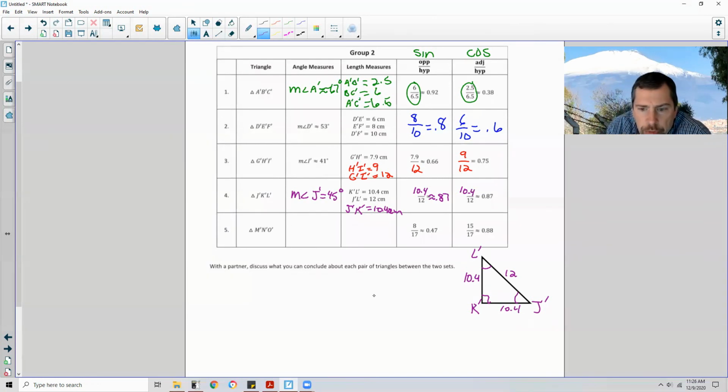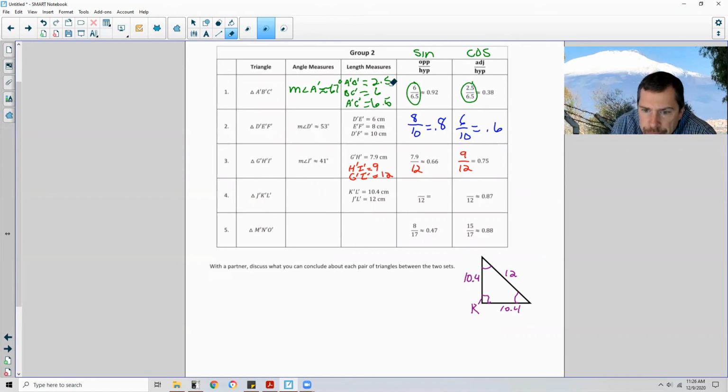Okay, I want to look at number 4 again. Actually, no, I'm going to erase it. I'm going to do it again, but I'm going to do it the other way around. So watch what I'm going to do here. I'm going to remove this J here and this L here and switch them. I just want to show you something.